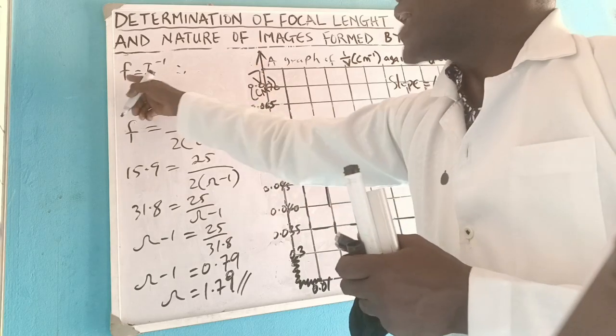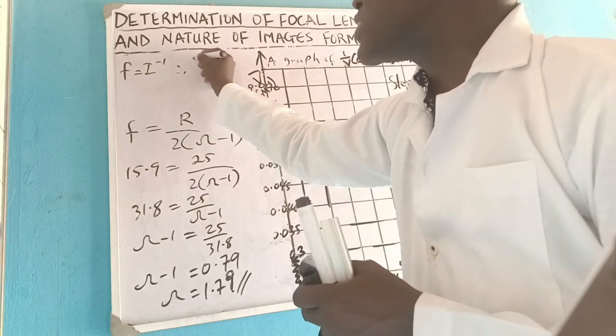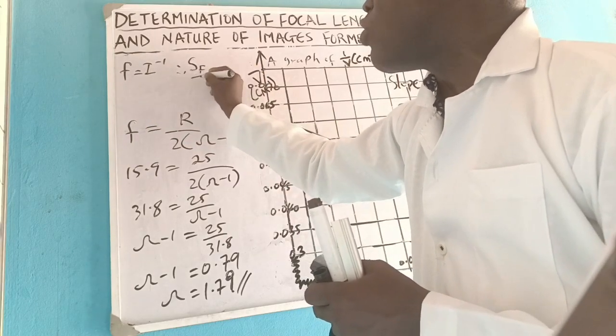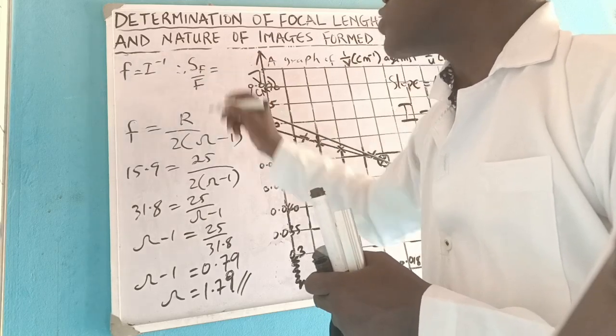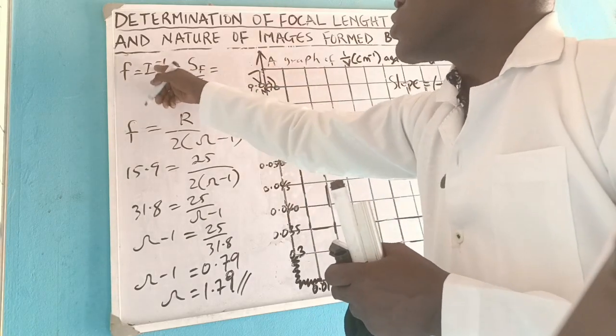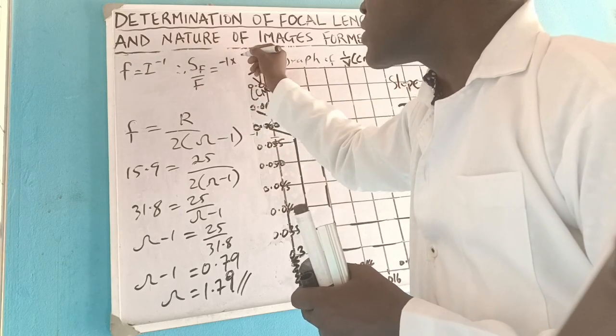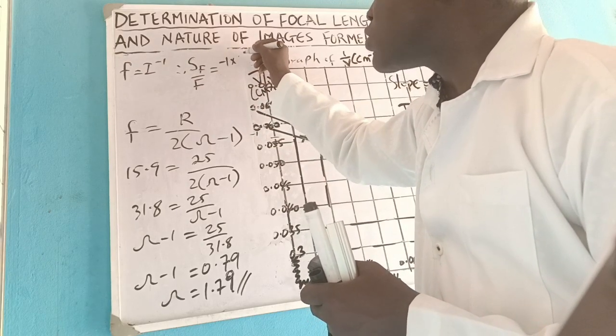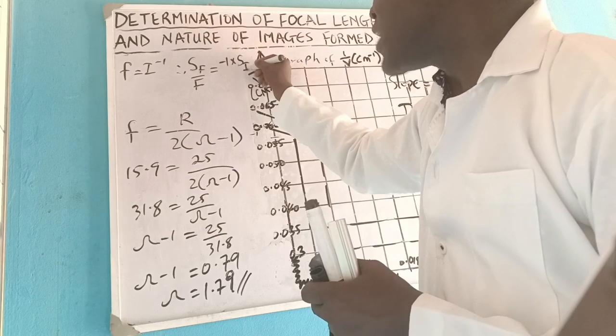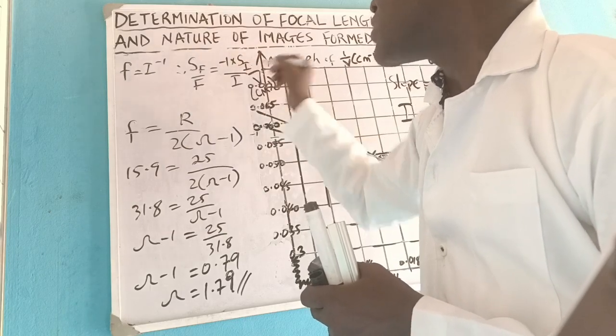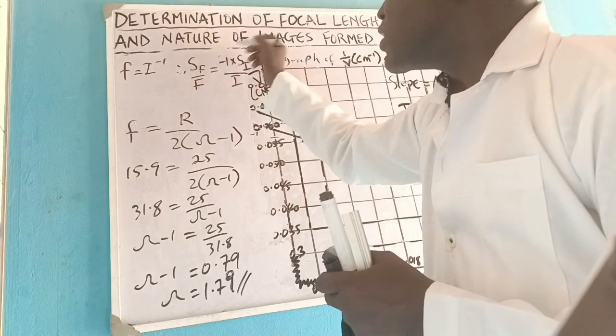you say, to get the standard error in focal length, the standard error in focal length all over focal length equals -1 times the standard error in intercept all over intercept. You square it.